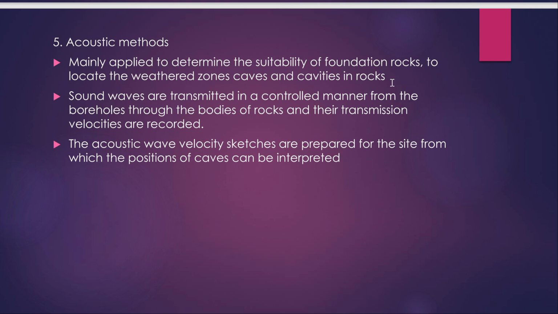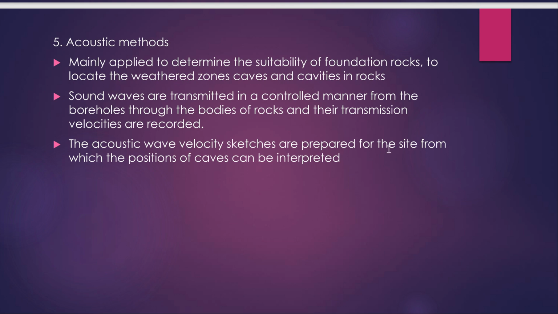Sound waves are transmitted in a controlled manner from the boreholes through the bodies of rock and their transmission velocities are recorded. So sound waves are propagated through the rock bodies and the transmission velocity of these sound waves is recorded. Acoustic wave velocity sketches are prepared for the site, from which the positions of caves can be interpreted.